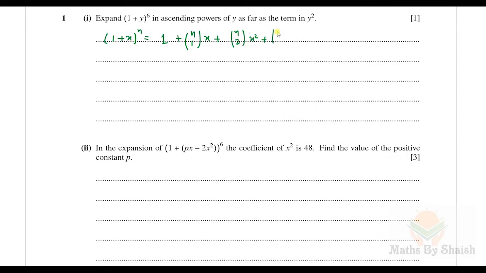We can write nC3 x to the power 3 and so on. At the last we can write it as nCn and x to the power n.